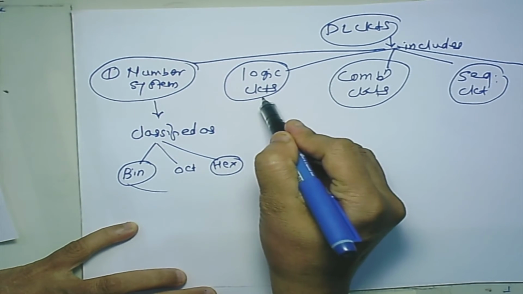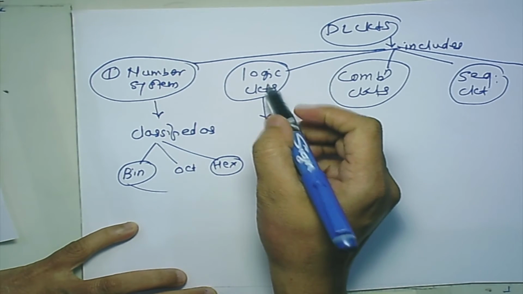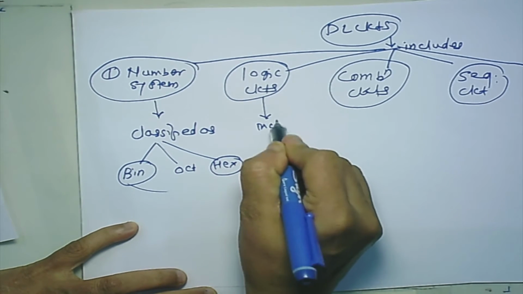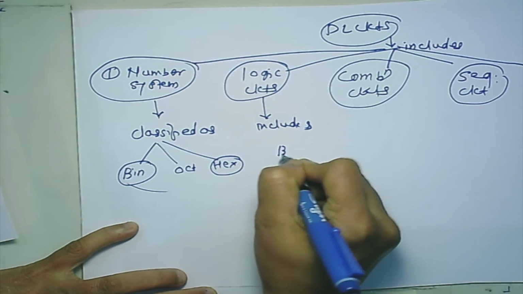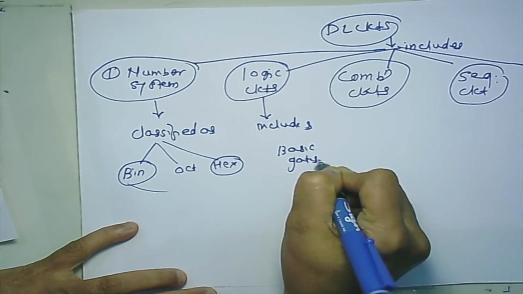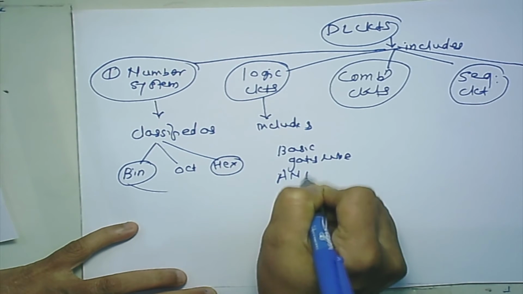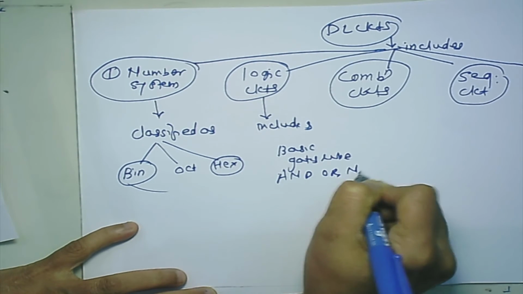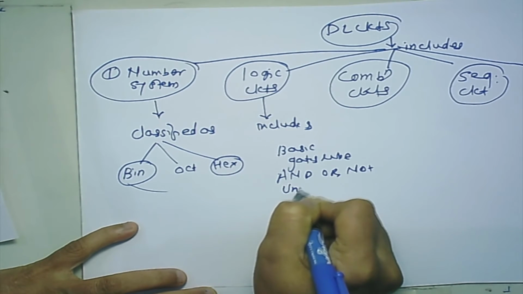If I take a second module, suppose, then what I will write is that logic circuits include basic gates, like AND, OR, NOT, and universal gates as well.